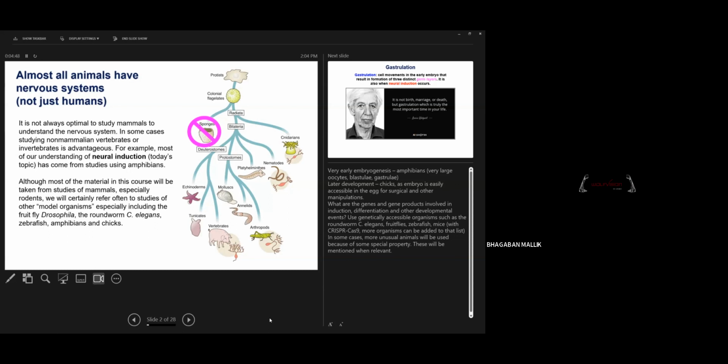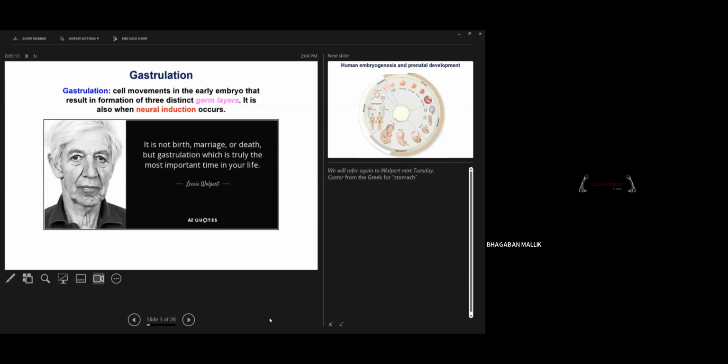That is called bilateral symmetry. So you have a nervous system in protostomes like mollusks, annelids, arthropods, and in echinoderms and vertebrates. Almost all animals have a nervous system, except the three groups I mentioned: protists or flagellates, and sponges. Even cnidarians like Hydra have a nervous system.